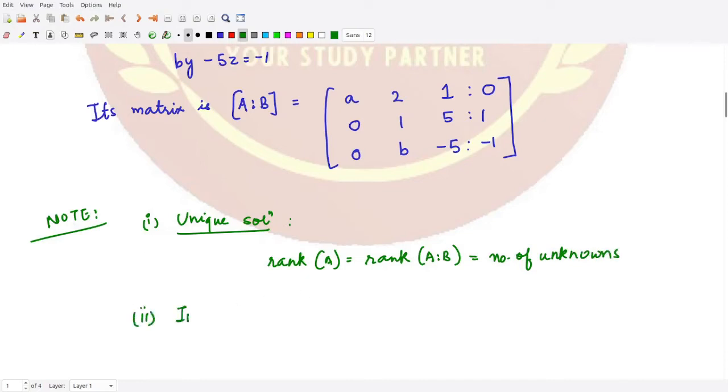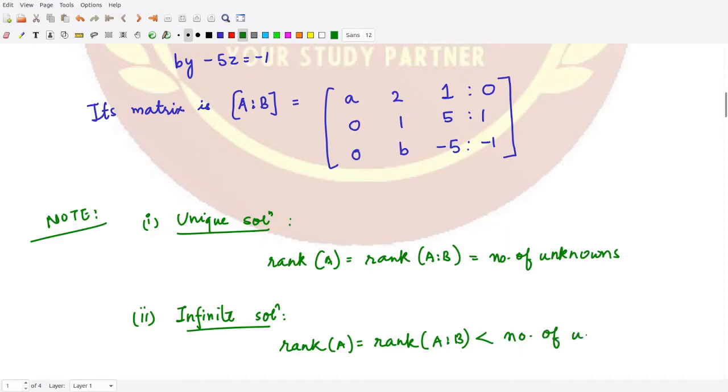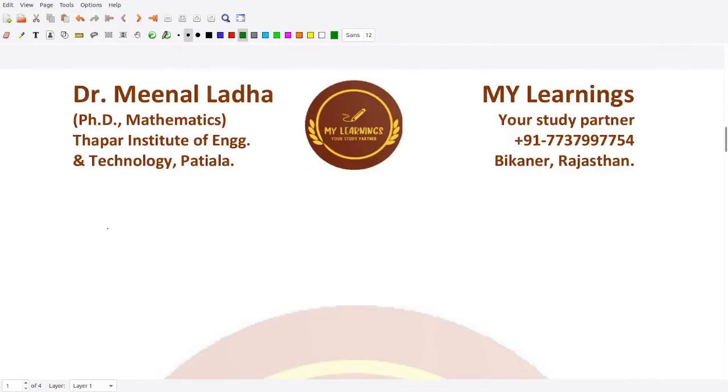When do we have infinitely many solutions? We have infinite solutions whenever the rank of A is equal to the rank of the augmented matrix A augmented B, but this is lesser than the number of unknowns. If that is so, we have multiple solutions. And when do we have no solution?